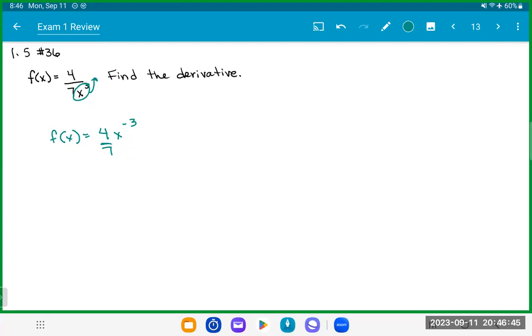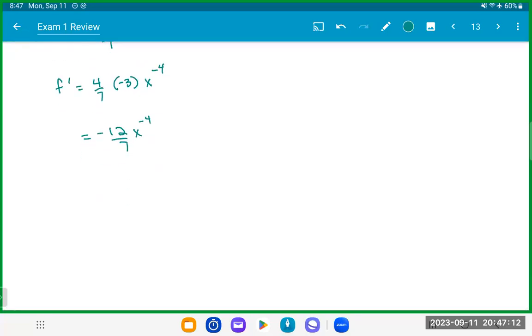When we want to take the derivative of that, we can keep the 4/7 alone and then just take the derivative of this piece here. So that is negative 3 x to the negative 3 minus 1, which is negative 4. Now I can do negative 3 times positive 4 equals negative 12 over 7 x to the negative 4. Because our answer had a negative exponent, we need to move it back down into the denominator. So we have negative 12 over 7x to the 4.